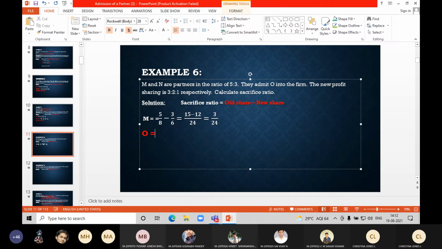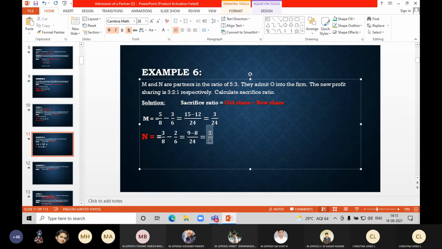Okay, next is for N. In N's case, old ratio will be 3:8, new ratio will be 2 by 6. So LCM will still be 24 itself. 8 into 3, so 3 into 3 will be 9 minus 6 into 4, 2 into 4 will be 8.